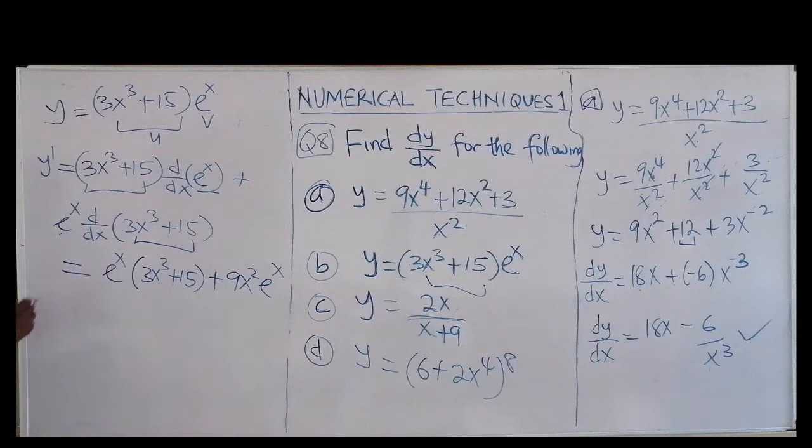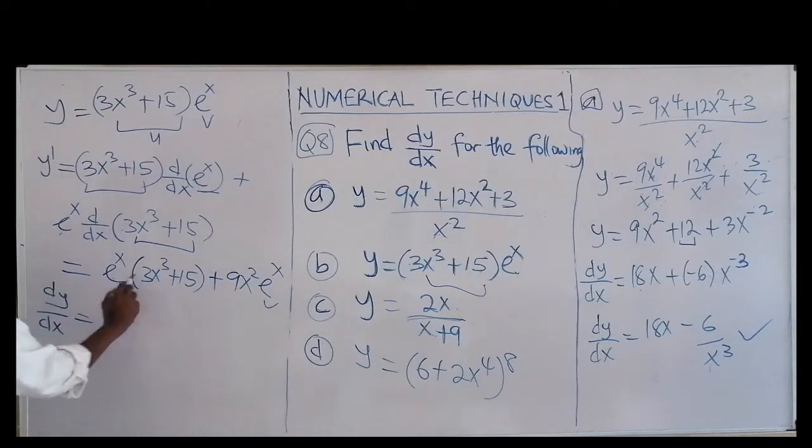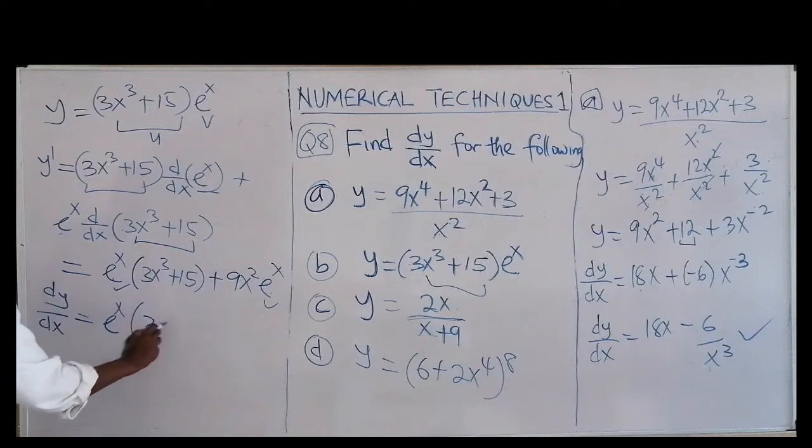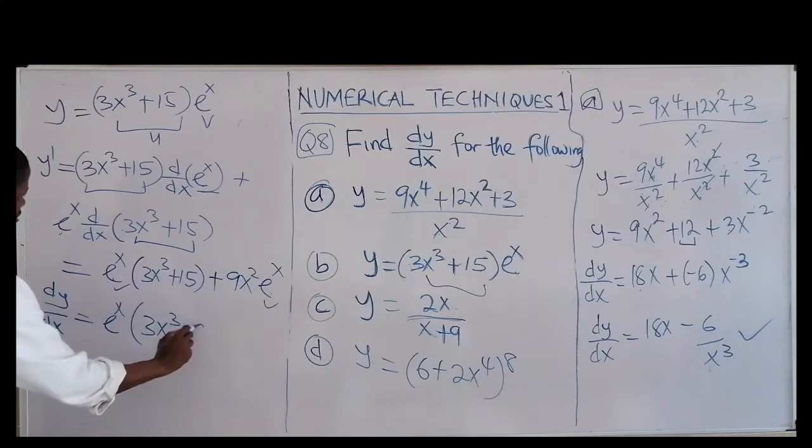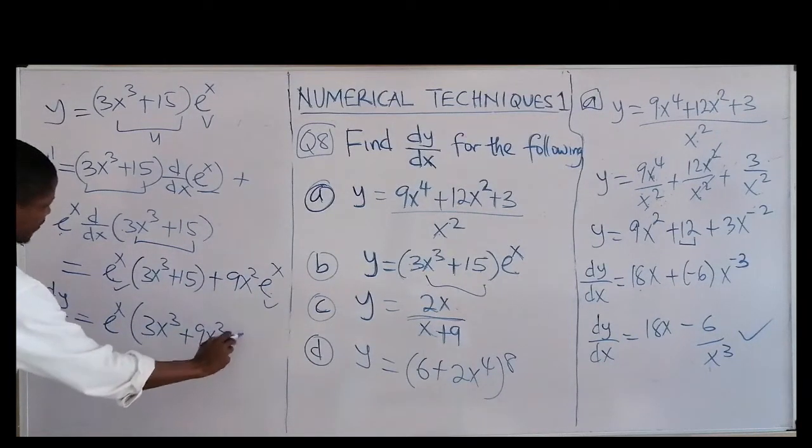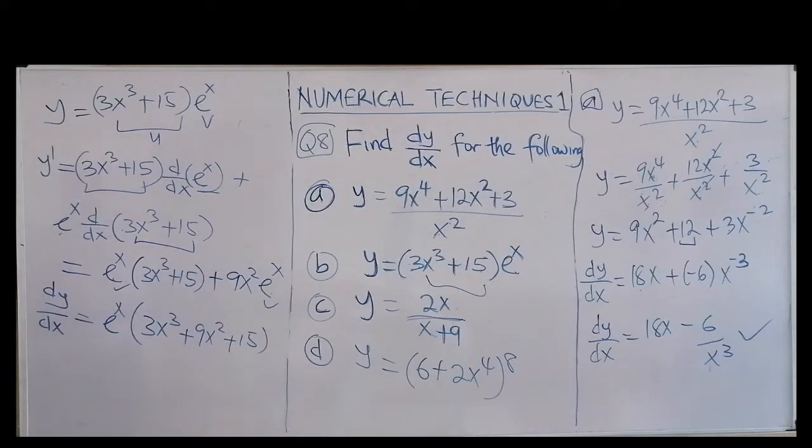So that finished the work. The next thing to do, if we like, is just to factorize this exponential. Factorize that, and that will give us 3x cubed plus 9x squared plus 15. So that finished the second one.